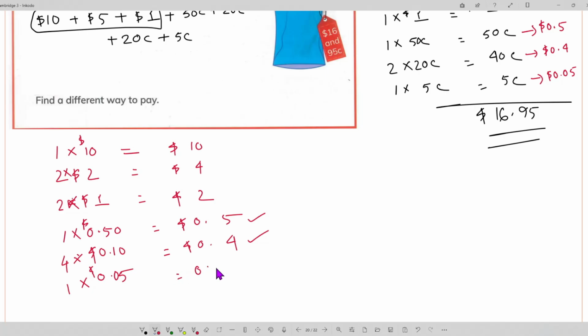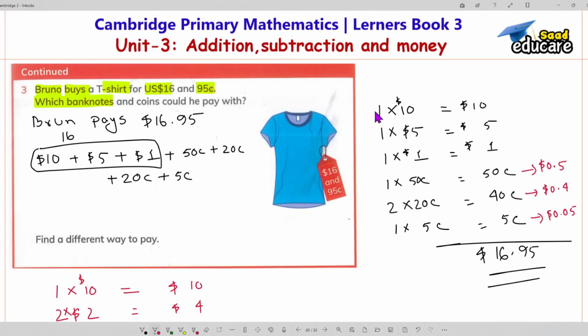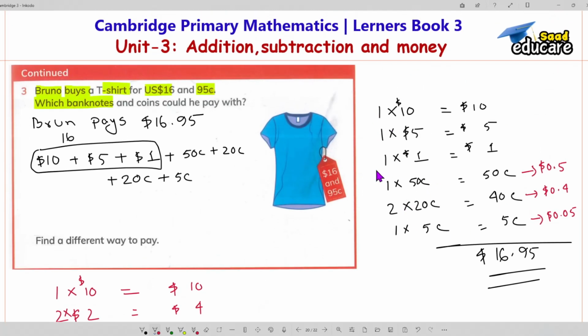So this is $0.05. So ultimately this one becomes $16.95.